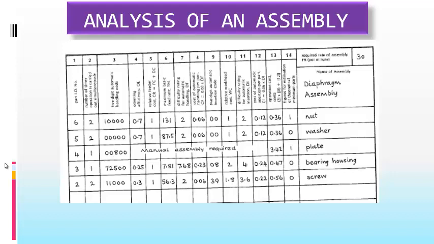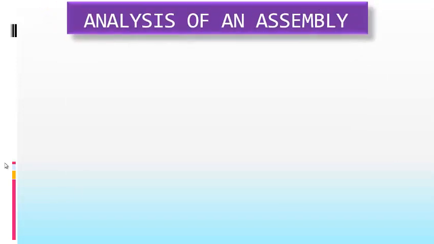And then after that he tried to put the 5 digits on column 3. He tried to put the numbers which he got on other columns, and then he tried to find out whether the part can be eliminated or not, and that is column 14, and we are going to talk about this later.